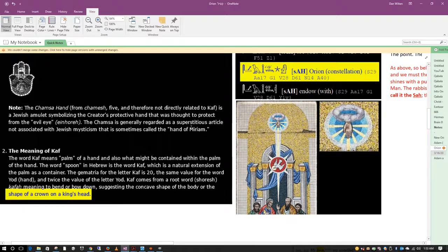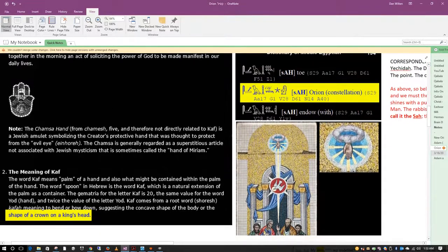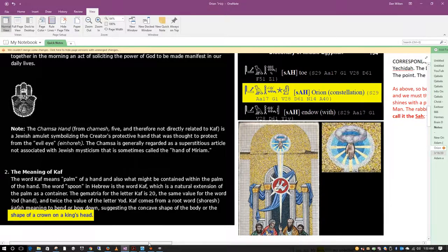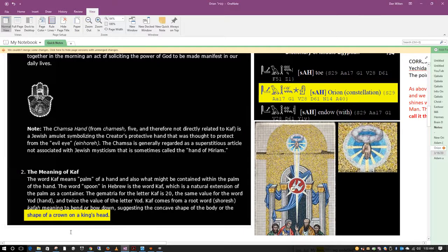And there's some old pictures showing the palm coming out of the clouds in the sky. This is the manifestation coming out of the sky and then basically pouring out on the lower Sephiroth. Once again, it says it's the shape of a crown on a king's head.